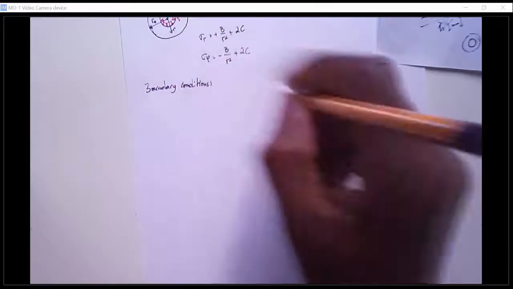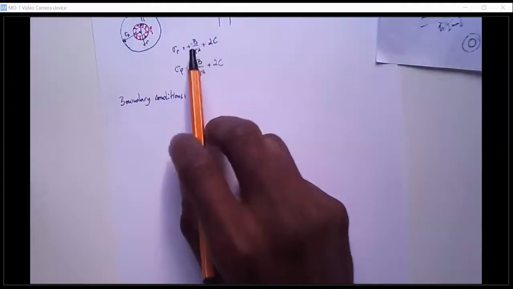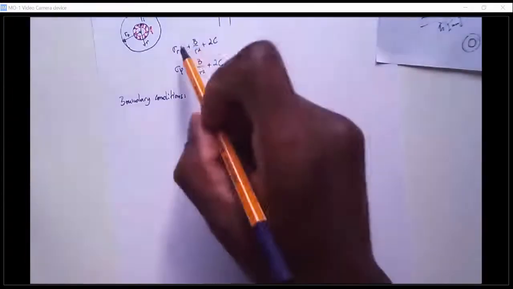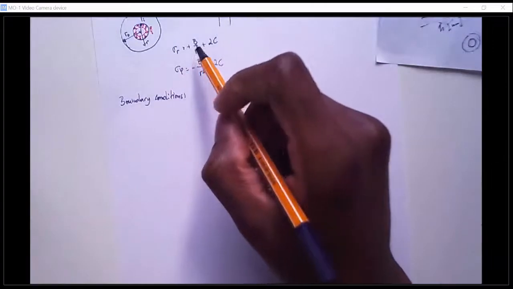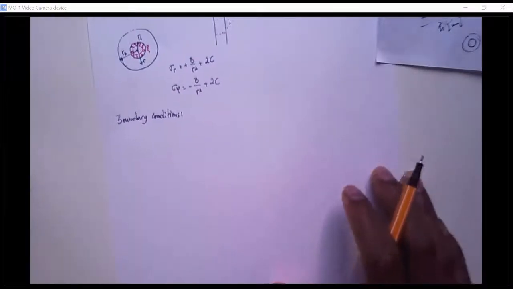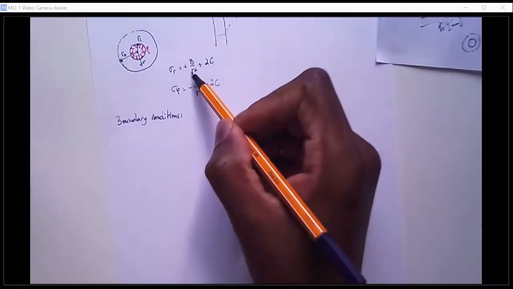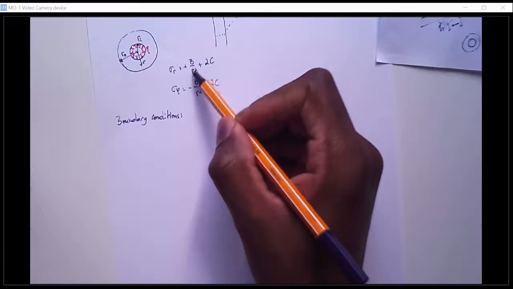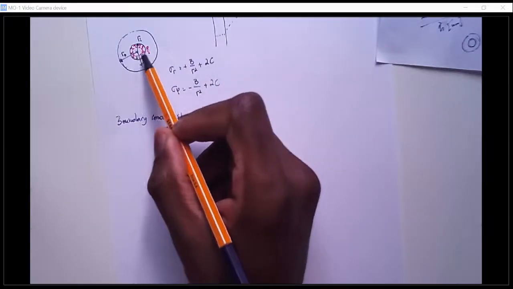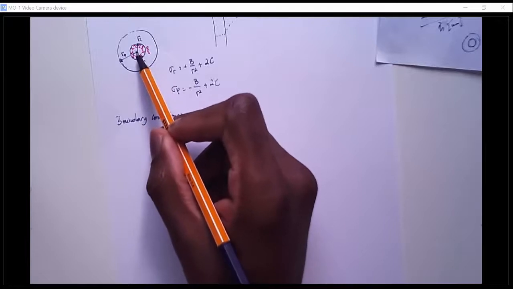Those boundary conditions are enough because we need two to figure out the values of B and C. In the previous case, B needed to be 0 for the stress to be finite. But here we're not going to have any problem with the stress needing to be finite. If r were equal to 0, we would have an infinite stress, but in the middle here we have a hole, so there's no material at the position r equals 0.